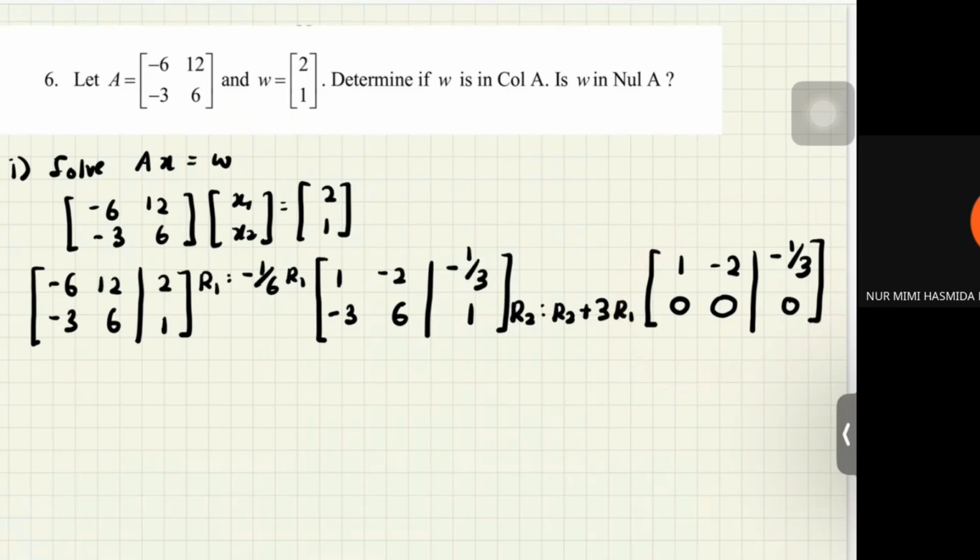From this equation, x1 minus 2x2 equals -1/3. The second row is all 0, so you can write x2 as a free variable. Let x2 equals t. t is a free variable.